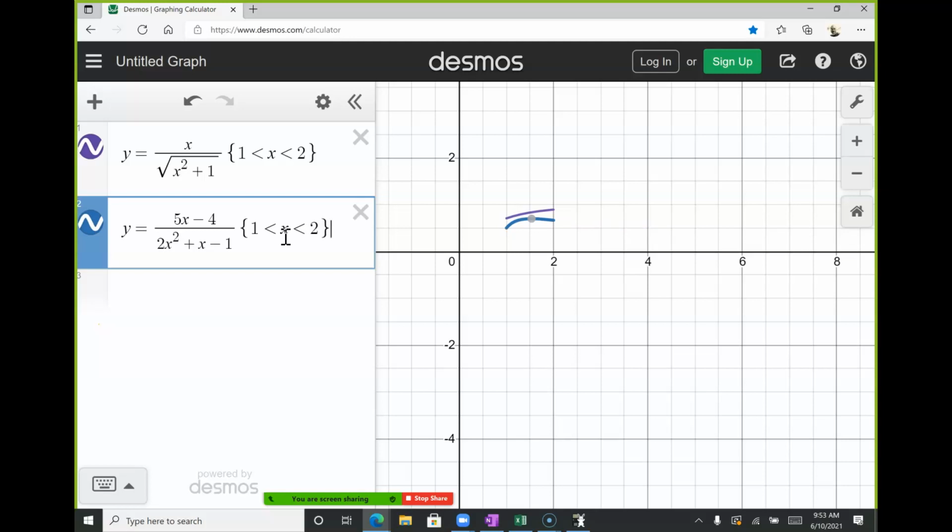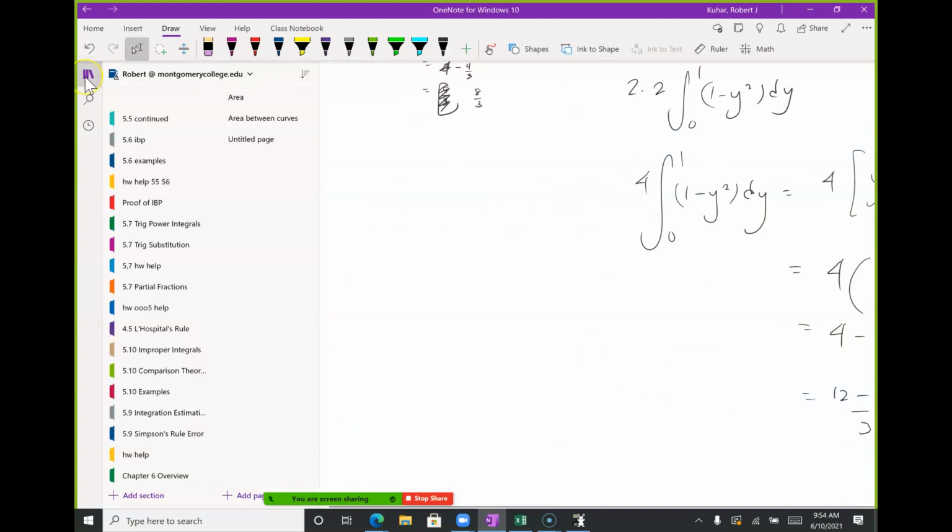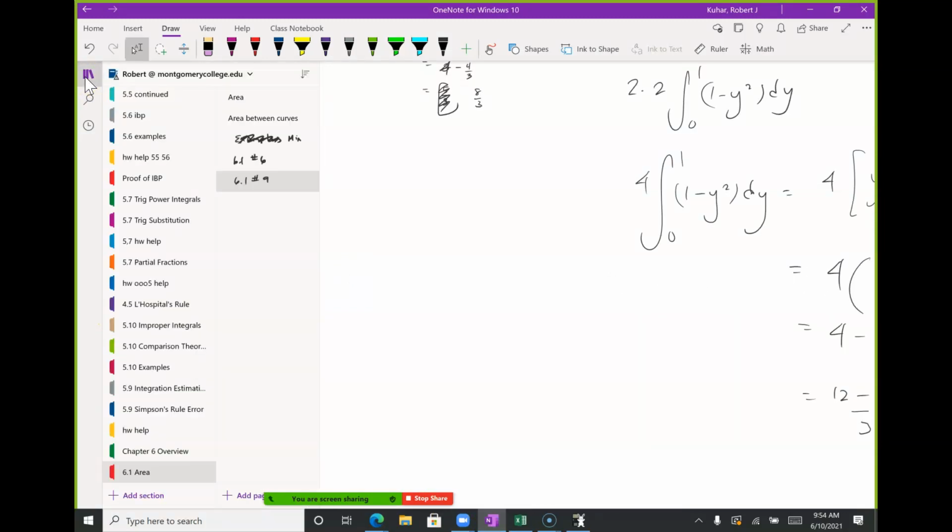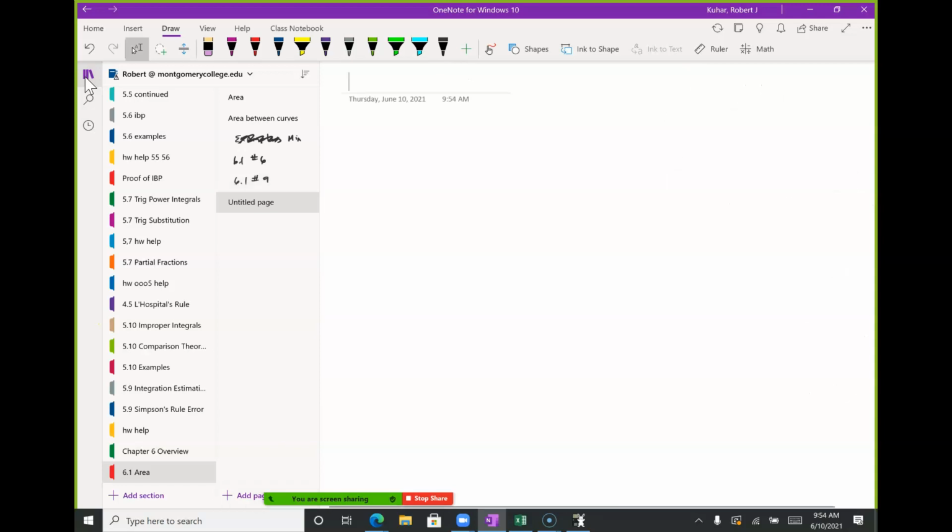So it's an upper minus lower. The first one is a trig sub, and the second one is partial fractions. This is summer 2020, test 2, number 1.